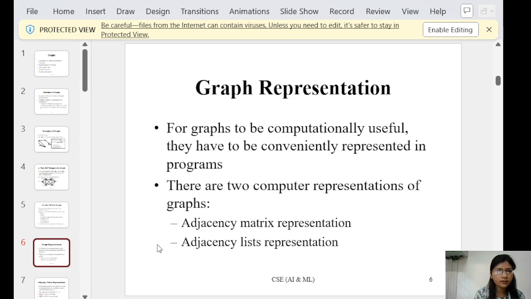Graph representation. For graphs to be computationally useful, they have to be conveniently represented in programs.